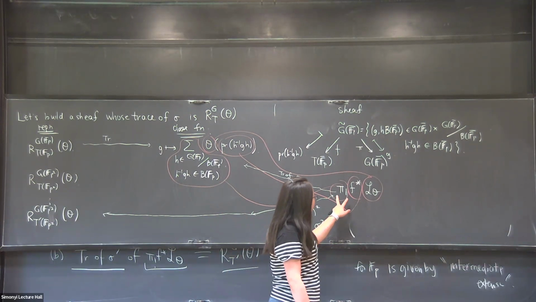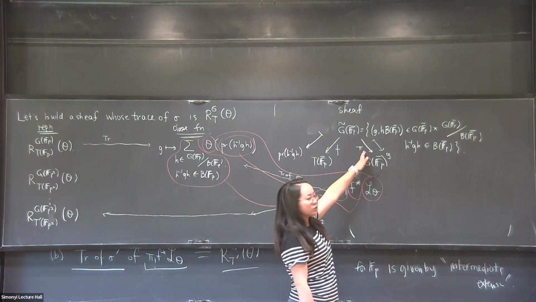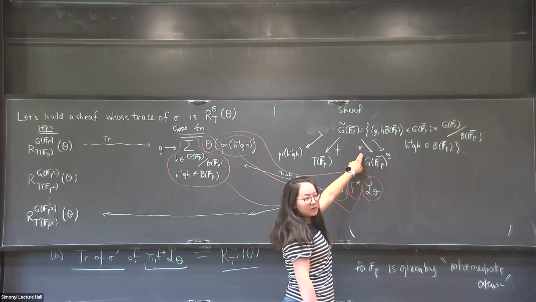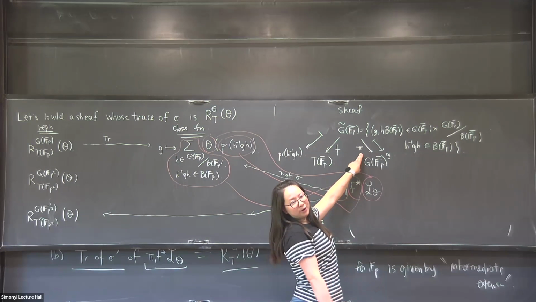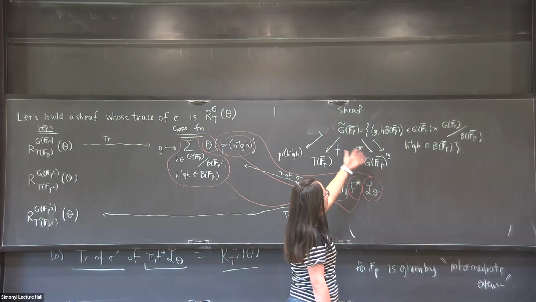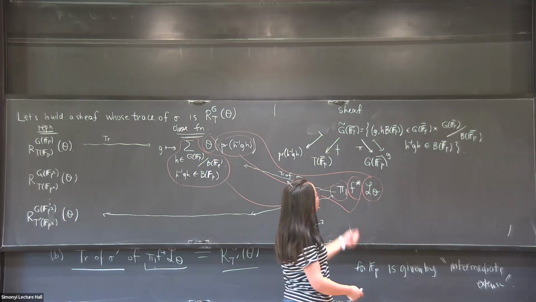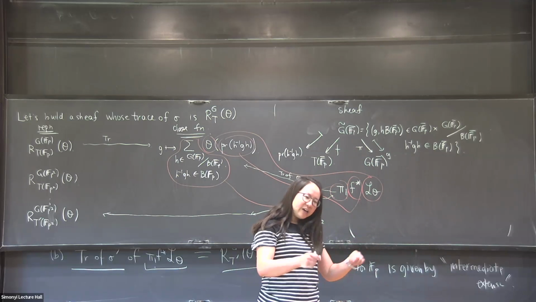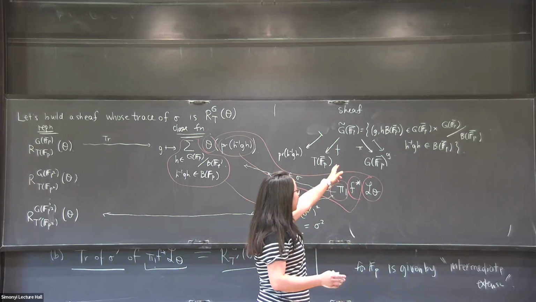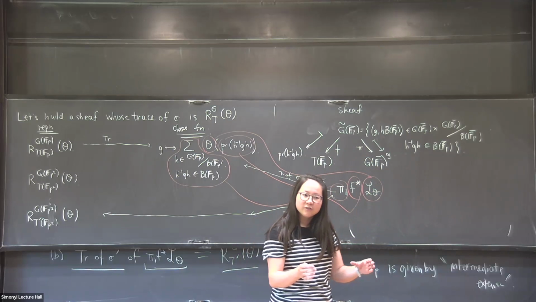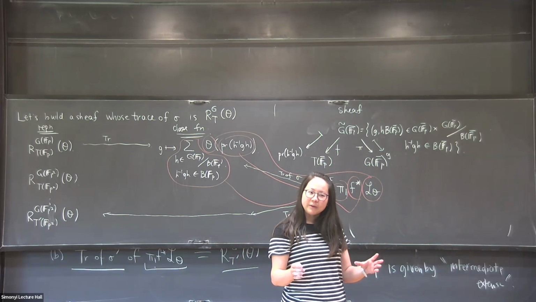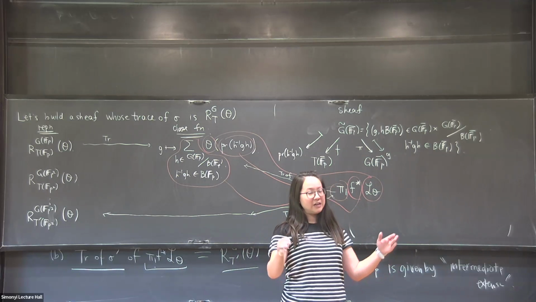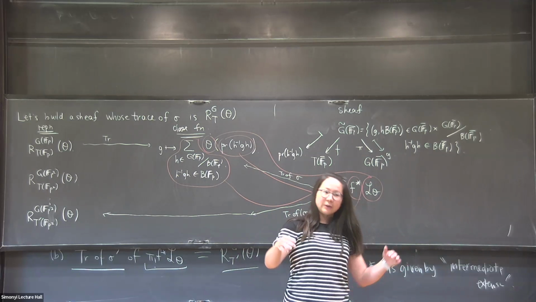And so in order to prove something like that, you have to control what pi looks like. And pi is something called smooth and proper. Proper means the fibers are proper, and small means that there's a large locus where this map has 0-dimensional fibers, and the part where it has 1-dimensional fibers is controlled in some way, the part where it has 2-dimensional fibers is even smaller, and the part where it has 3-dimensional fibers is even smaller.